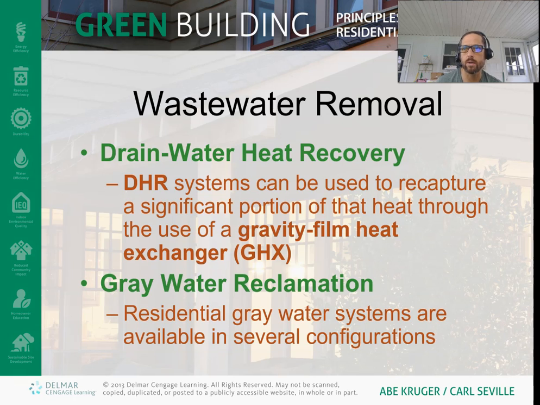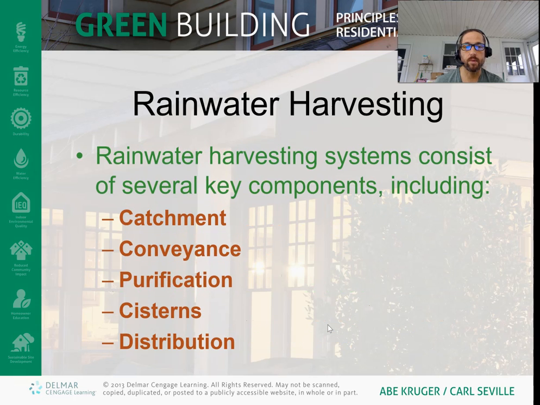So things like sink water, bath water, and dishwater. It's not so dirty, you can reuse that on site. Sometimes you have to filter it and clean it up a little bit, but that's a really interesting green building application, gray water.